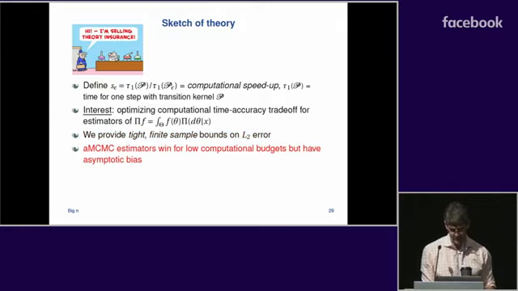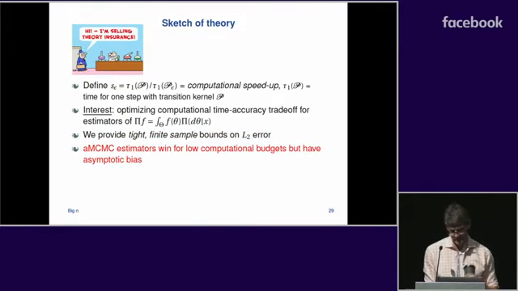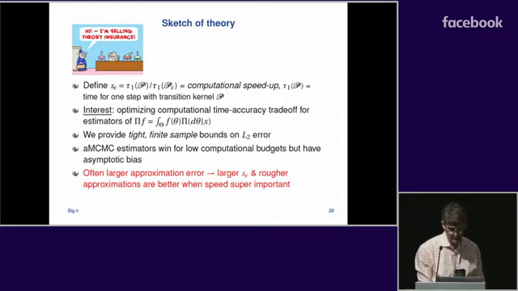We can then get tight finite sample bounds on L2 error for a broad class of approximate Markov chain Monte Carlo algorithms, and you can see which types of algorithms work well. Often, having a non-negligible approximation error works for low computational budgets, but as the computational budget increases, you want a more accurate approximation.